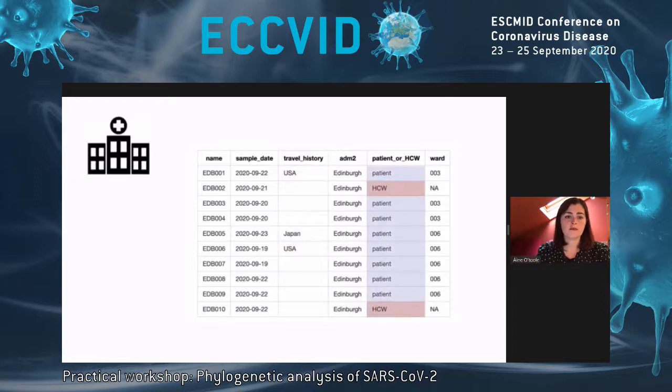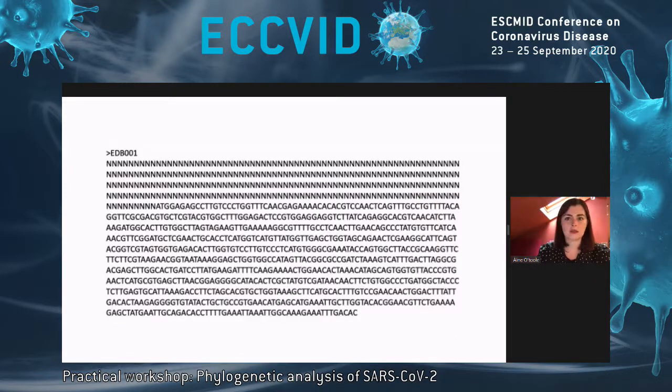You might know whether they're a patient or healthcare worker, and where the patients were, whether they were in different wards. Based on this metadata, you'd be tempted to assume things like linkage. So with Pangolin, I've provided a FASTA file. We can download it now, and see if genetic information can provide another level of information.